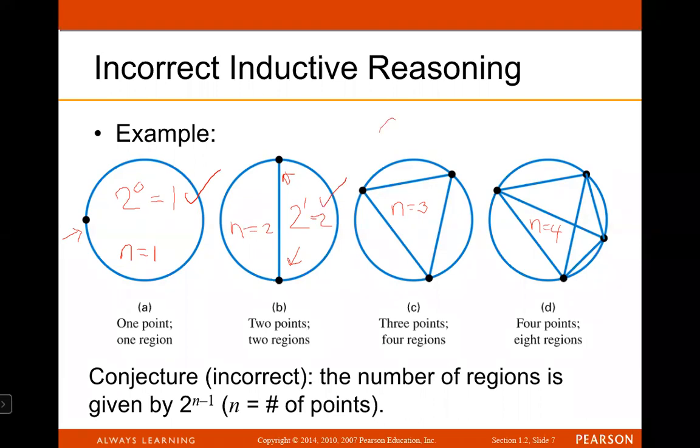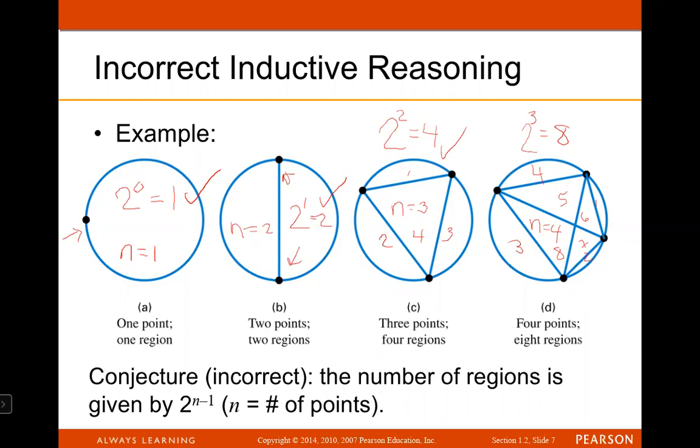Now 2 to the 3 minus 1 is 2 squared, that's 4 regions: 1, 2, 3, 4. That checks out here. 2 to the power 4 minus 1 is 2 to the power 3, which says we should have 8 regions: 1, 2, 3, 4, 5, 6, 7, 8.